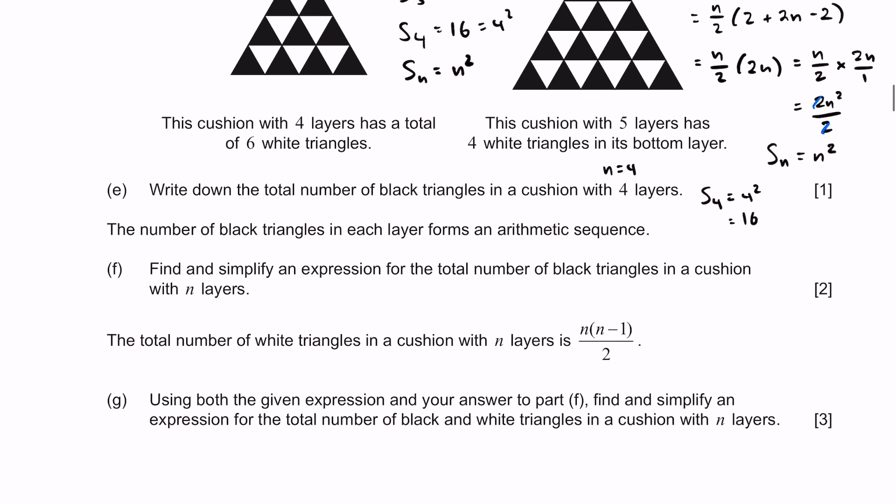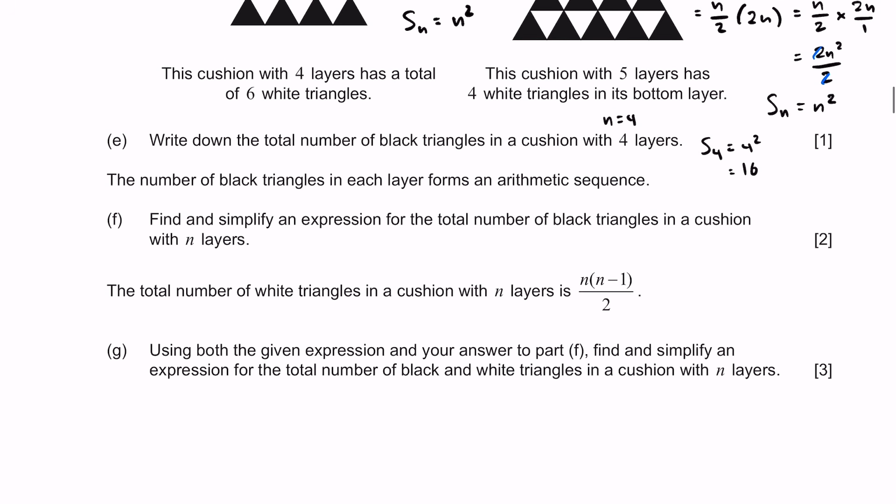Okay, let's keep going. The number of black triangles in each layer forms an arithmetic sequence. Find and simplify an expression for the total number of black triangles in a cushion with n layers.